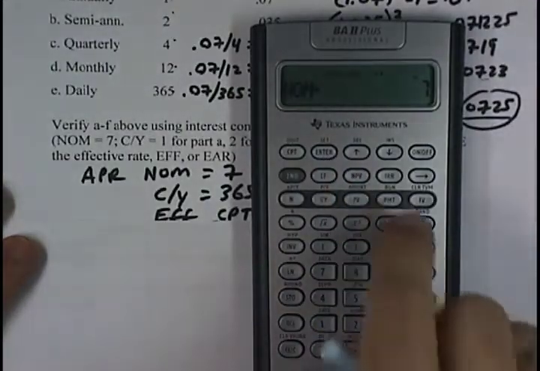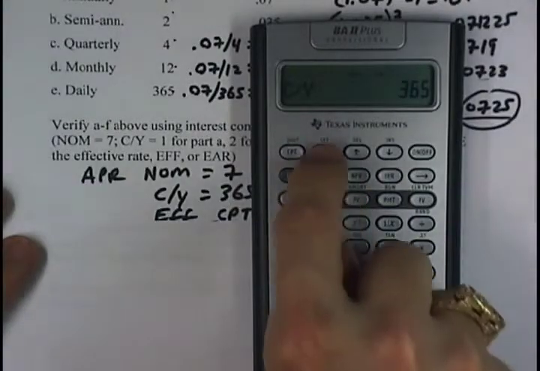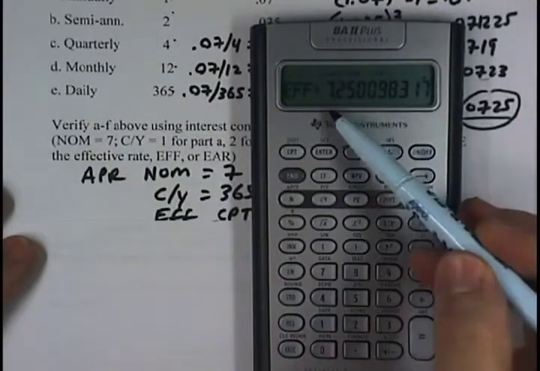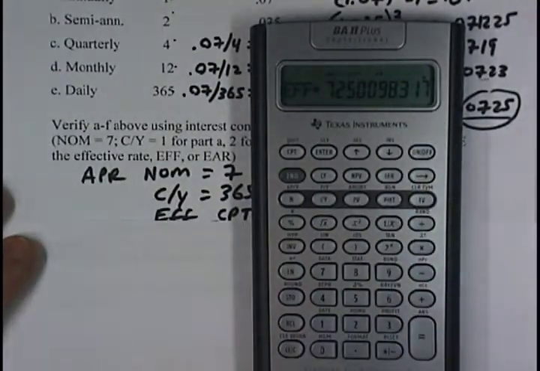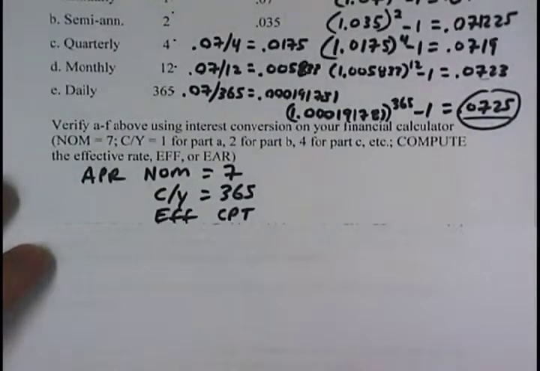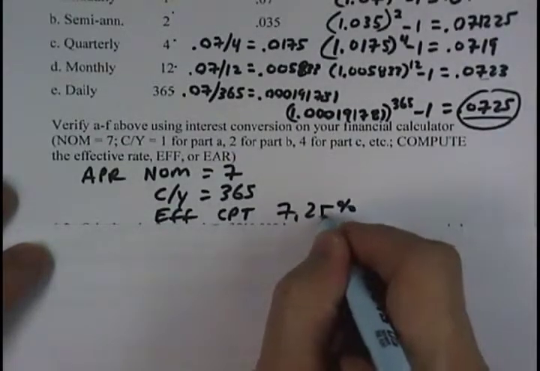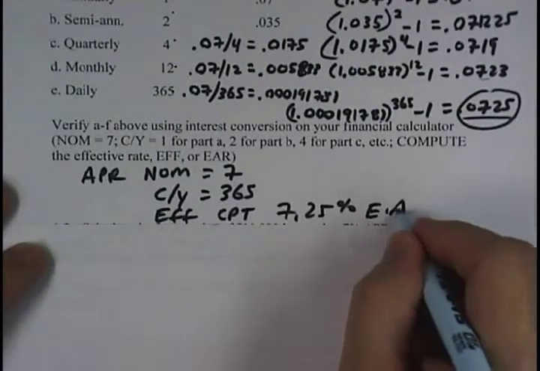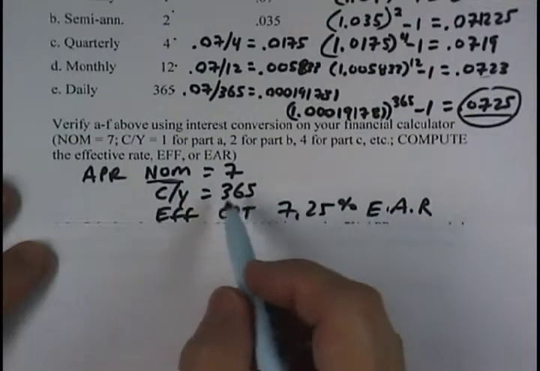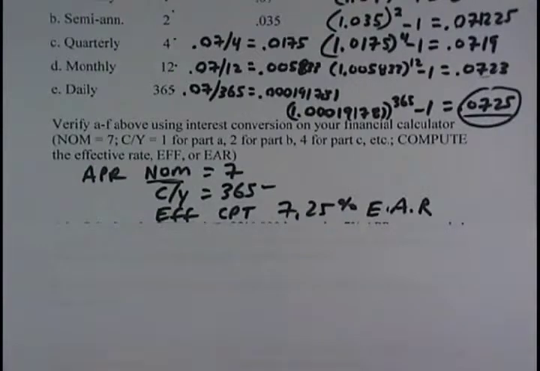Remember the enter key, and then up arrow, C/Y is compounds per year, 365, enter, and then I go up to effective and I press compute, and I get 7.25% effective rate based upon the 7% APR and daily compounding. So a 7% APR, which is what the calculator calls the nominal rate, with 365 compounds per year, does produce a 7.25% effective annual rate.